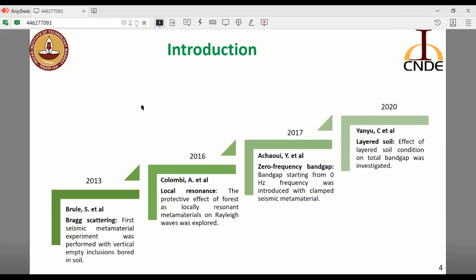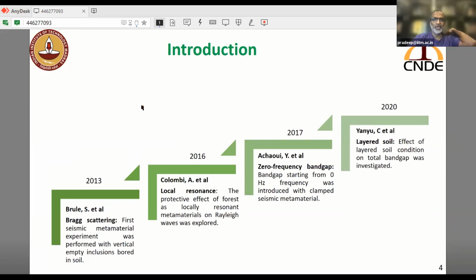Later on in 2016, Columbia investigated and found a tree as a naturally occurring seismic metamaterial. Again, this was effective in the 30 to 40 hertz range, which was not applicable for seismic metamaterial.